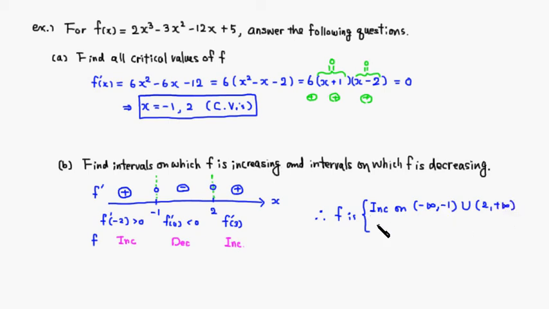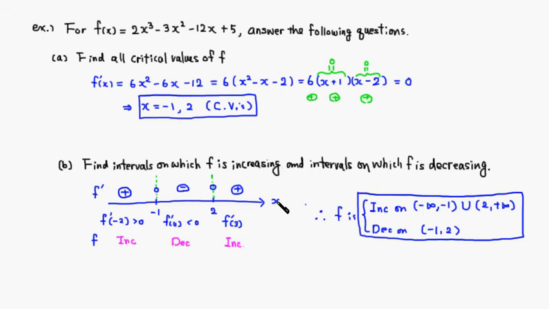Then f is decreasing on the interval between negative 1 and 2. Those are the intervals on which the function is increasing and the function is decreasing. That's how you find the intervals of increasing and decreasing. All right, that's it. I hope that this was clear.